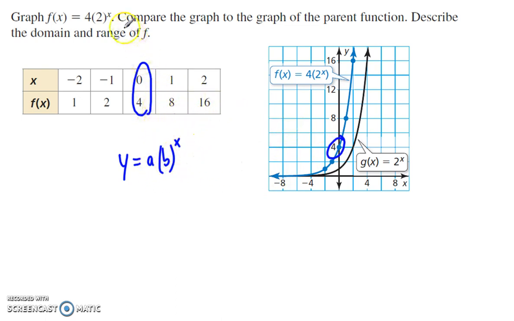Also notice that b here is 2, and we are multiplying each of these factors by 2. So if I'm given a table like this, I can write an equation using the y-intercept for a, right here, so that'd be 4, and then b would be what I'm multiplying by, that common factor, 2^x. And remember, f of x is just a nickname for y, so I can put y there.